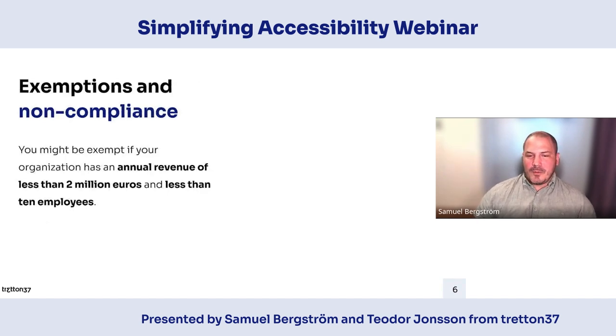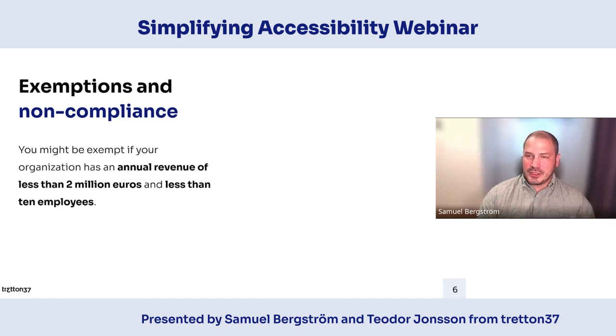Yes. Now, the regulation itself applies to all organizations that operate within the EU, but there are some exemptions. For example, if you're considered a micro company or smaller organization, you will be exempt.